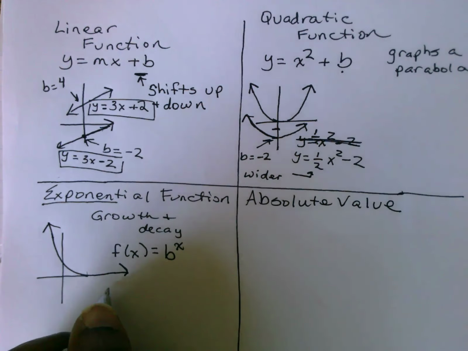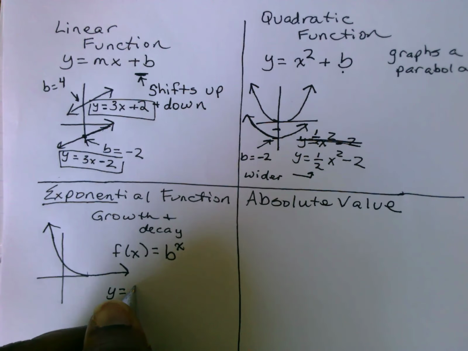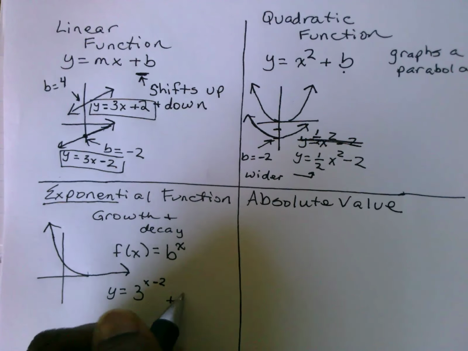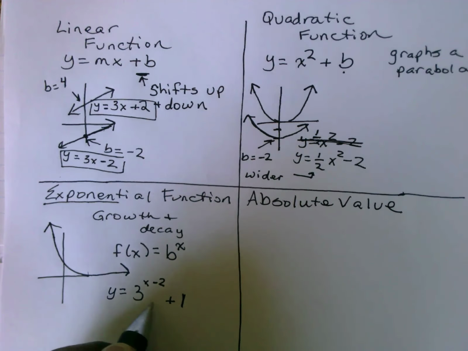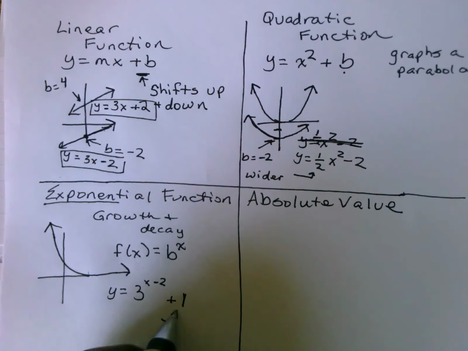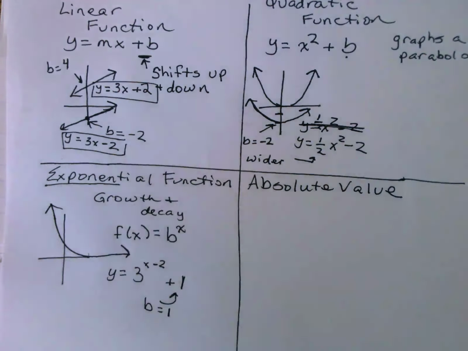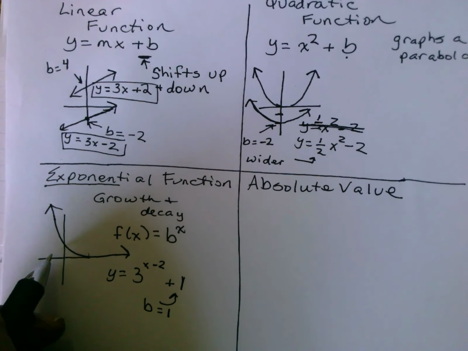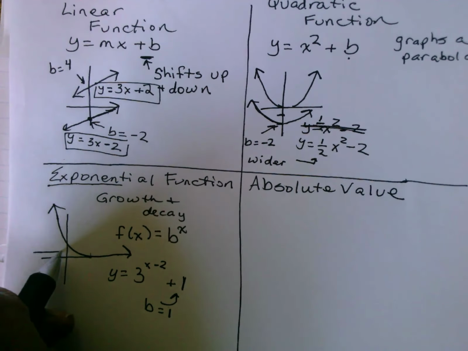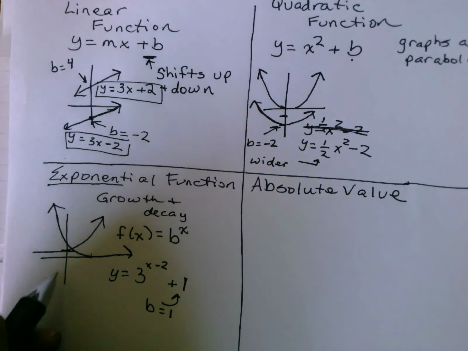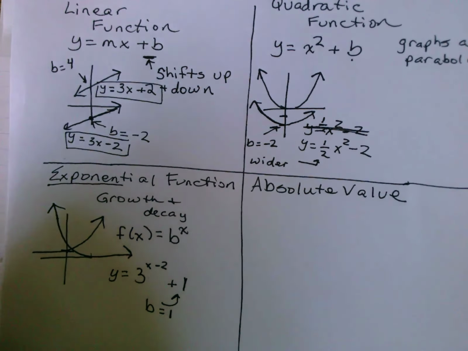Now, let's say you have y equals 3 to the x minus 2 plus 1. This is your b. And so what you need to know in regards to exponential is that the plus 1 will shift the graph up, and this will be your y-intercept.